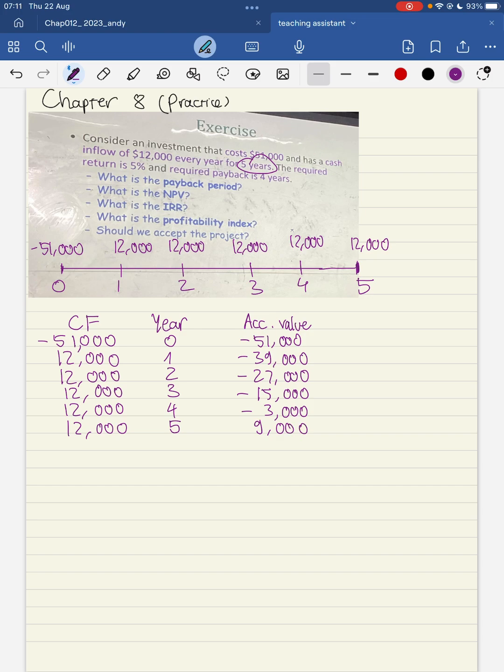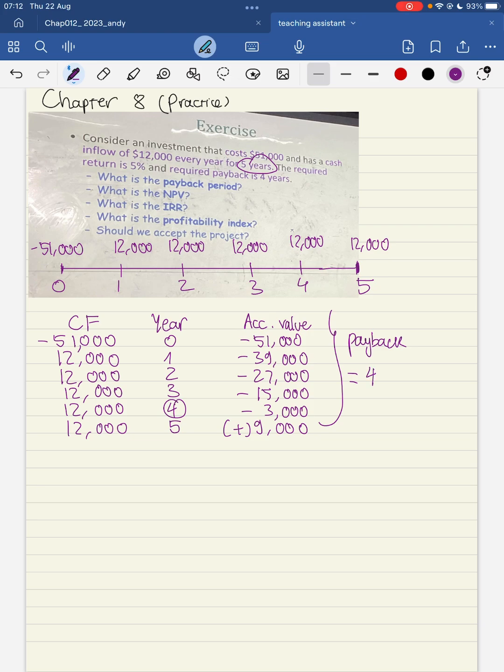Looking at the table, we can see that at year 5, the accumulated value changed the sign from negative to positive, positive 9,000. Therefore, as I have explained in the previous video, the payback period will be equal to the year before the sign change. So it's year 4.